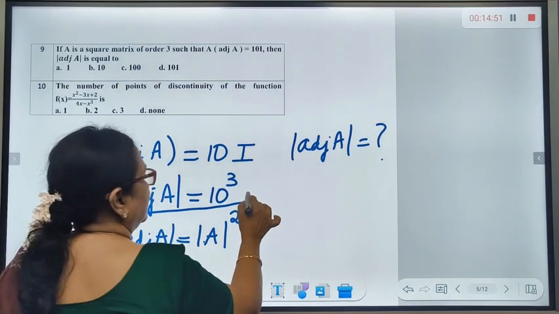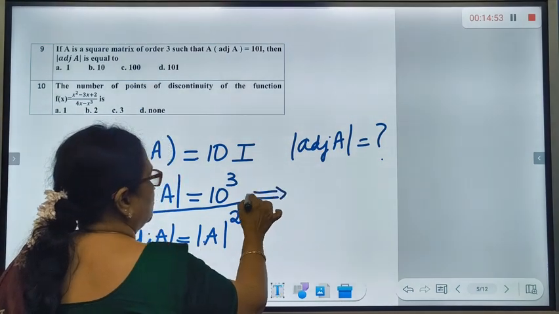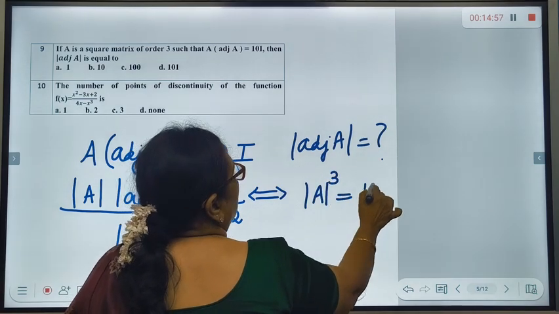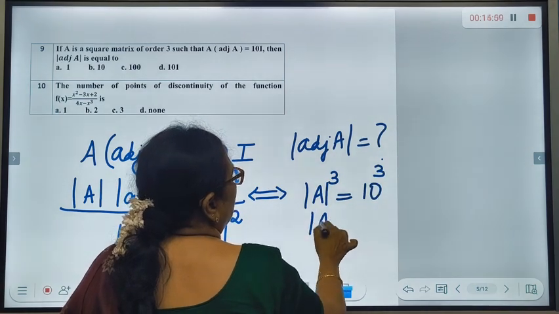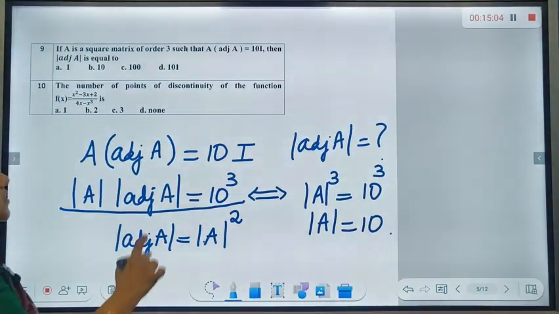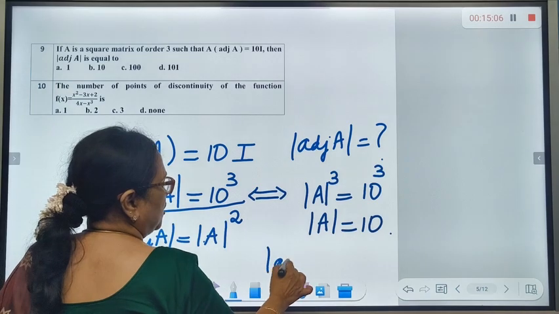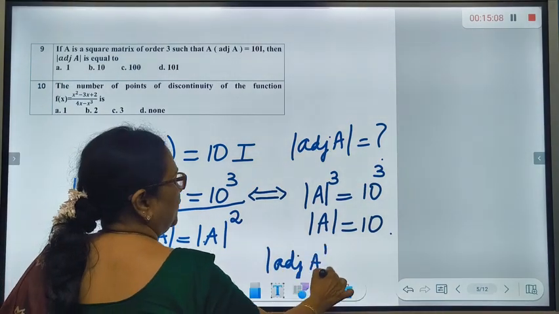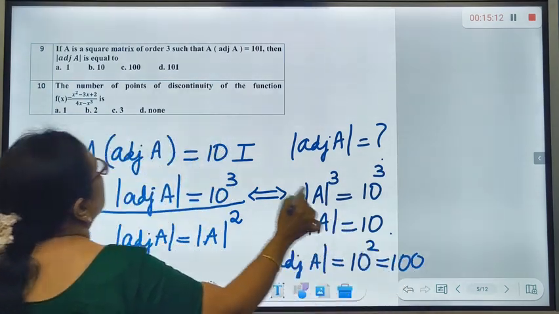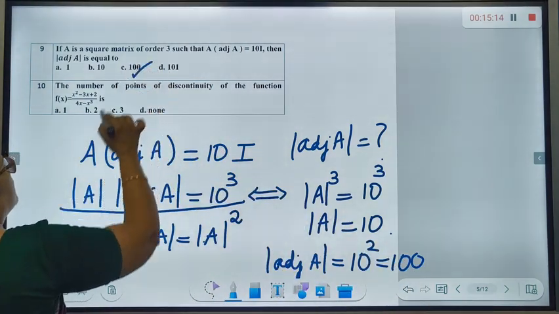Therefore, this line is equivalent to determinant of A the whole cube equal to 10 cube. So determinant of A equal to 10. But what is asked is, what is determinant of adjoint of A? Determinant of adjoint of A is 10 square, which is 100. So 100 is the correct answer.